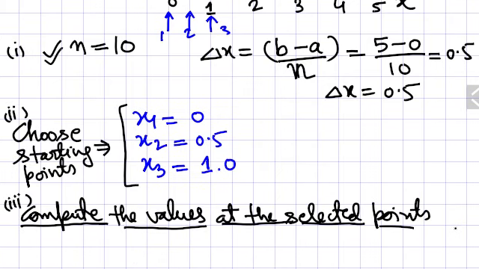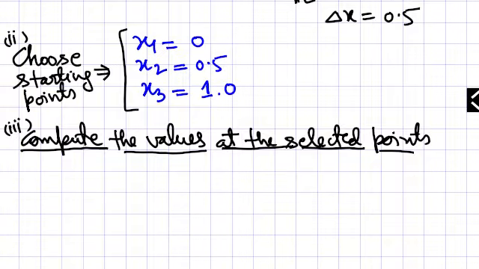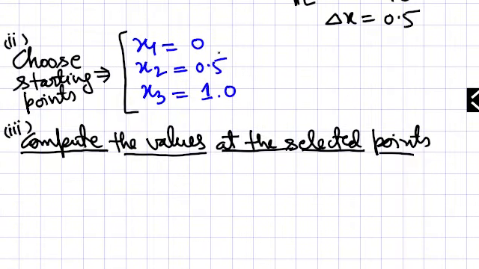I have written here that the first step is to divide, then choose starting points, and after that compute the values at the selected points.